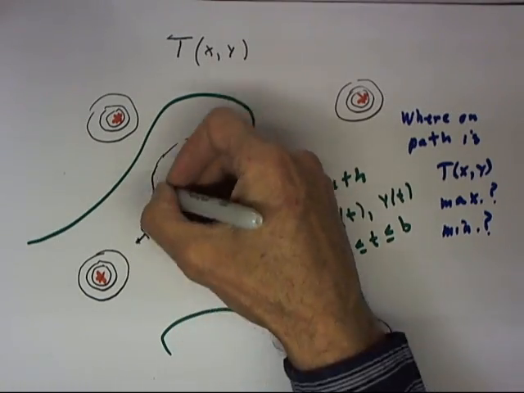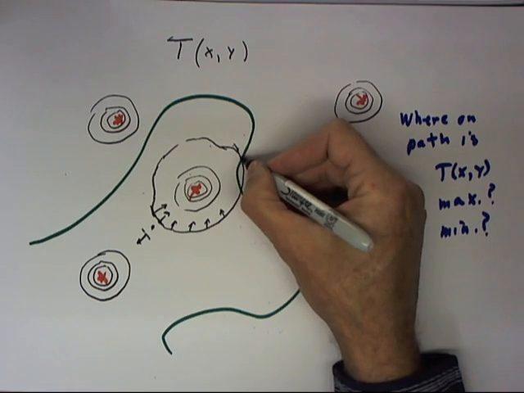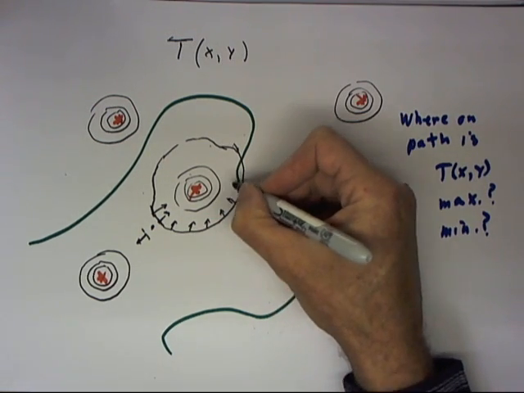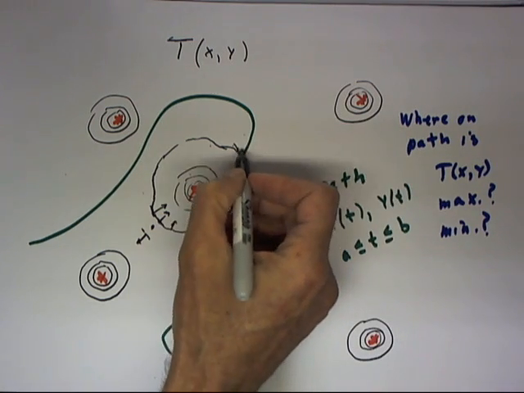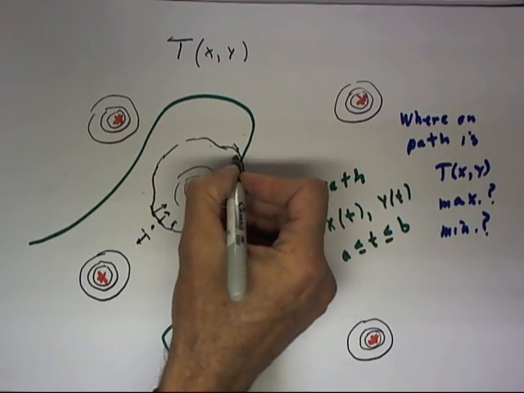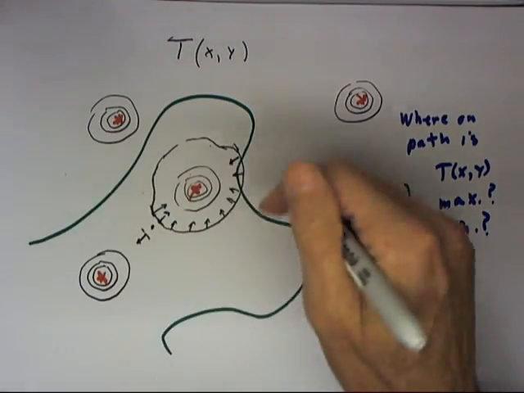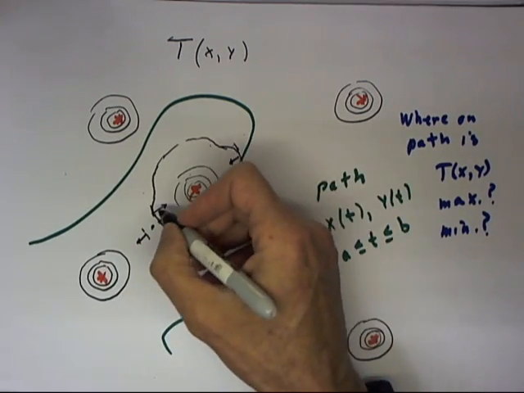We have some series of contour lines, and this contour line happens to cross the path. And the gradients are more or less toward this source. Along this part of the path, we're getting pretty far away from the other sources. I'm not trying to indicate the magnitudes of the gradients.